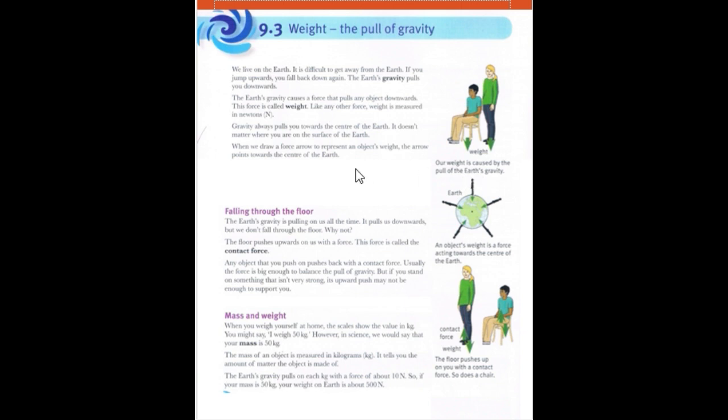As the definition says, students, gravity always pulls a person toward the center of the earth. For this man, the gravity force goes to the center, going down. This one is going to the center, diagonal like this. And this one is going diagonal up, like this. Remember, gravity always pulls a person or object toward the center of the earth.